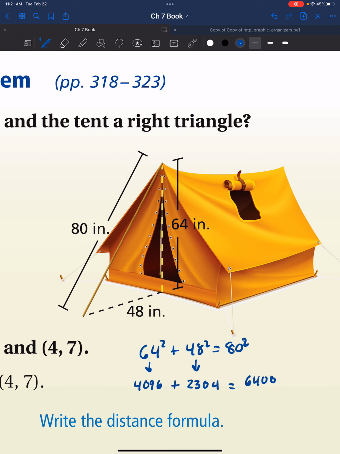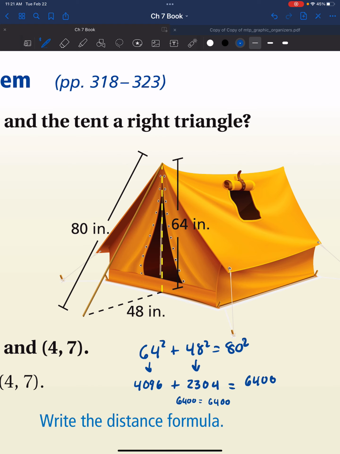Now, does 4,096 plus 2,304 equal 6,400? Yes, it does. So if it equals 6,400 and 6,400 equals 6,400, doesn't that mean that is a right angle? Yes.